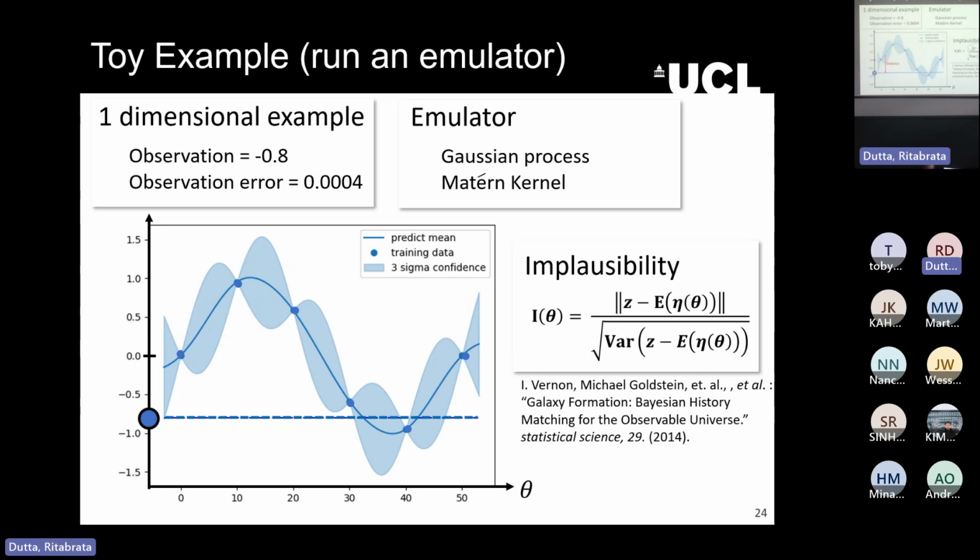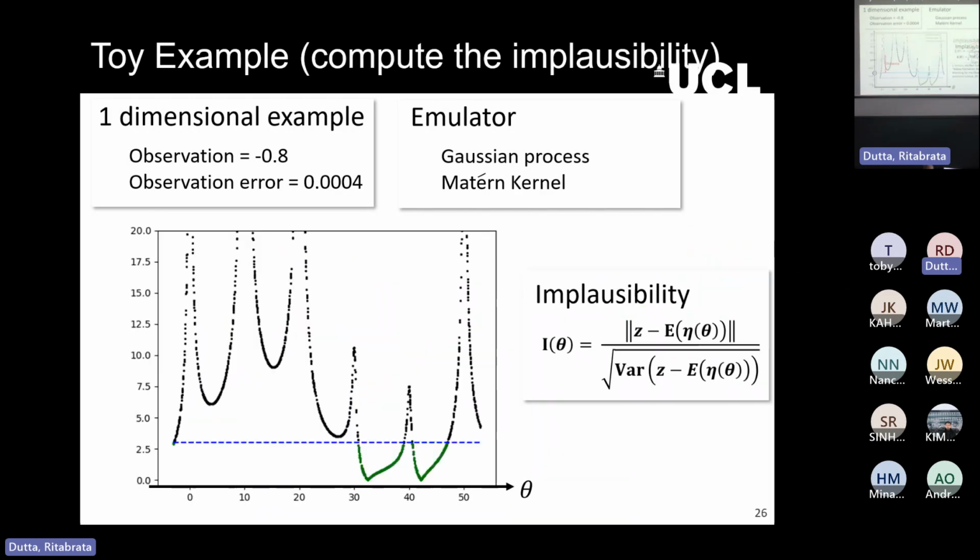The numerator is the distance between the observation data and the mean value of your emulation output. So this implausibility is roughly the distance between your emulation output and the observation divided by its uncertainty. Using this implausibility definition, you can calculate implausibility.